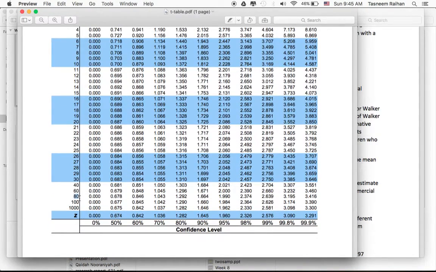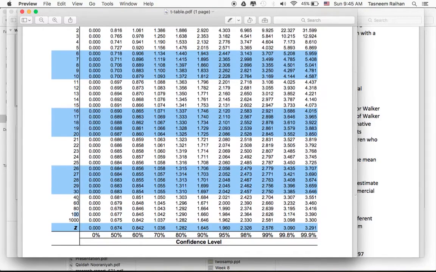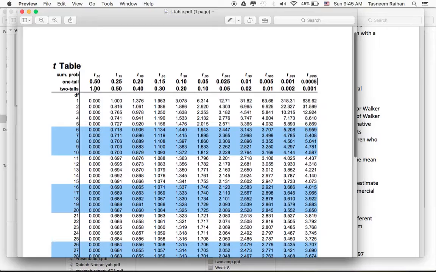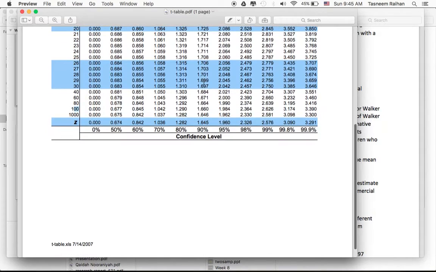So it's somewhere between 80 and 100, and we are looking at the 5% significance level, one tail 5%. Let's go down along this column. It's somewhere between, I guess, 1.664 and 1.66. So let's just stick to 1.66. So our critical value in this case is 1.66.